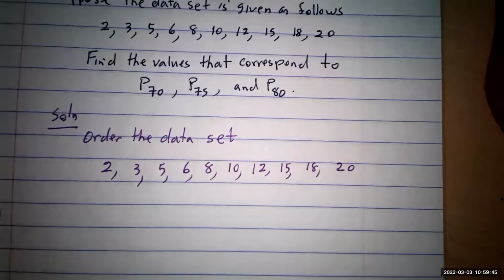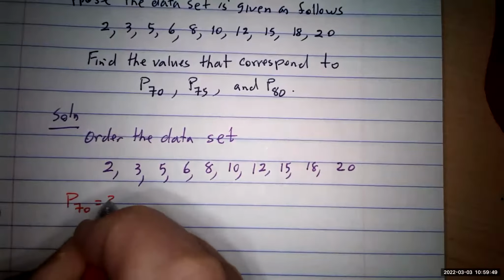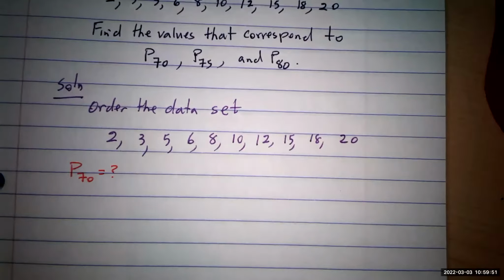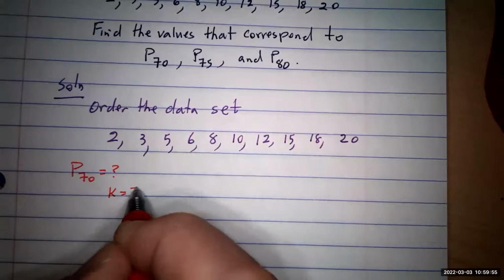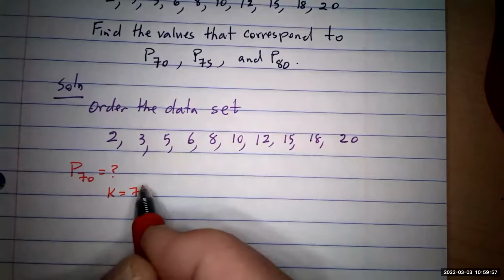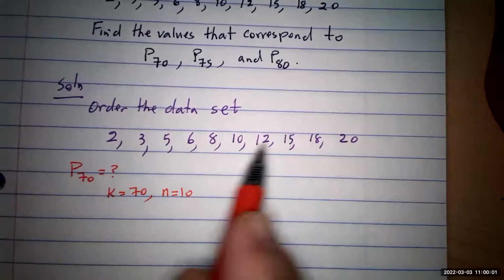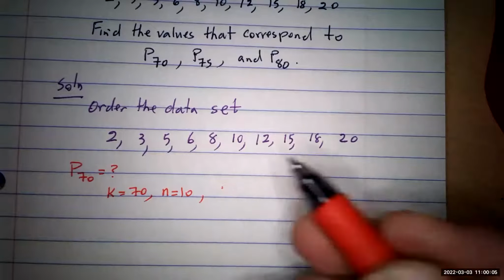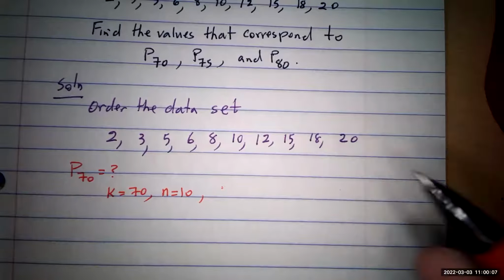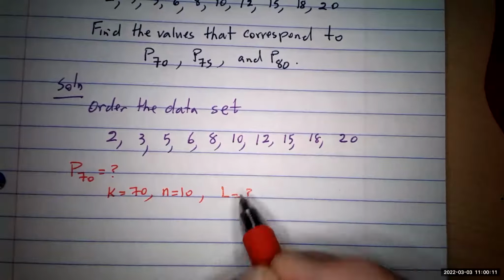Okay, let's do P70. You want to find the number that corresponds to this position. Since it's P70, K is given to you: K is 70. And the number of observations N is 10 because you have 10 numbers here. X is missing, so we have to find the location number L first.